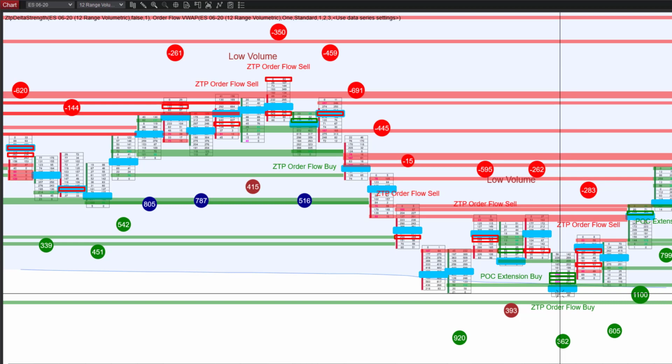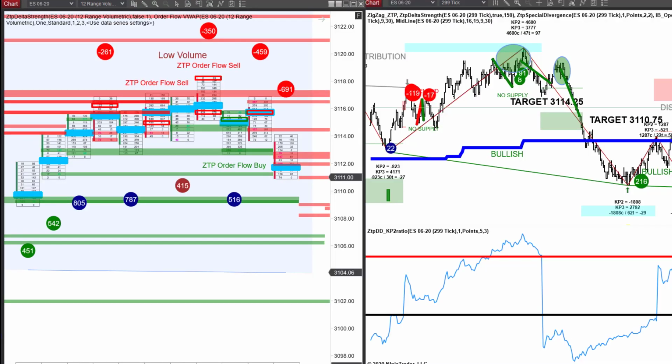So the idea here is that you use the combination of the order flow and the ratio indicator. The combination of the order flow indicator with the ratio indicator is a very interesting concept for using those together. It didn't bother me at all to reshort up here for a couple of reasons.